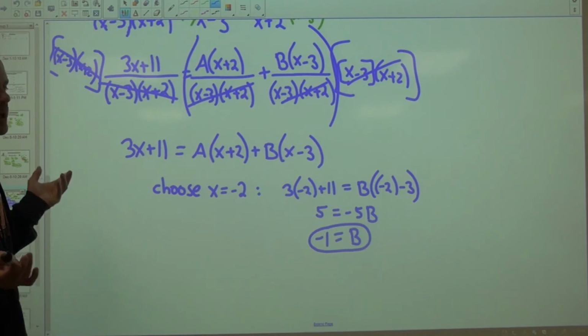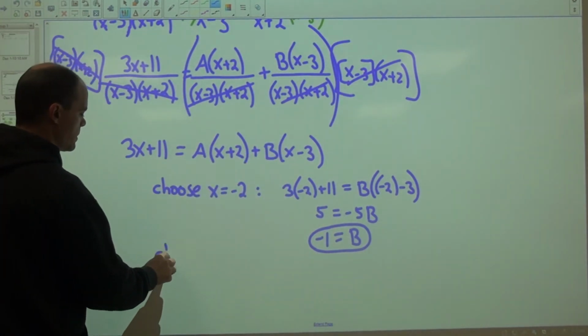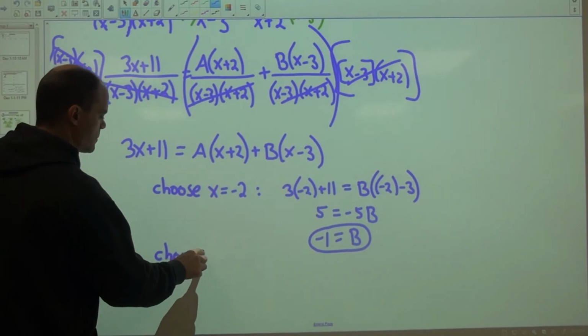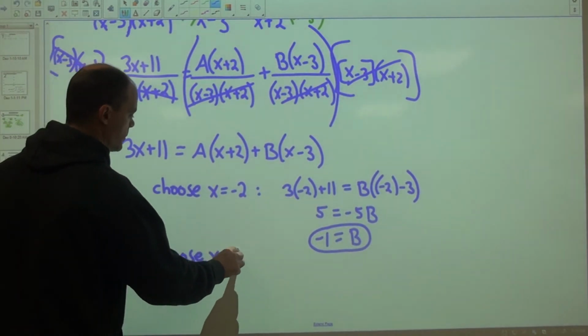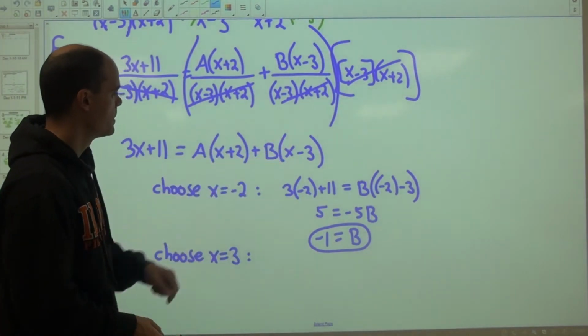And since we can pick whatever we want, well, let's just choose x equals 3. So choose x equals 3. And what happens? Well, now this is going to disappear.